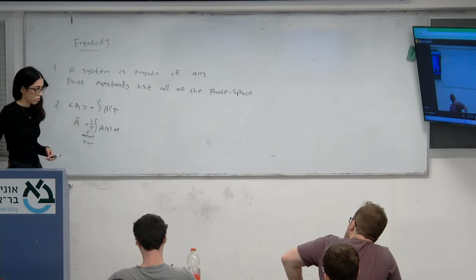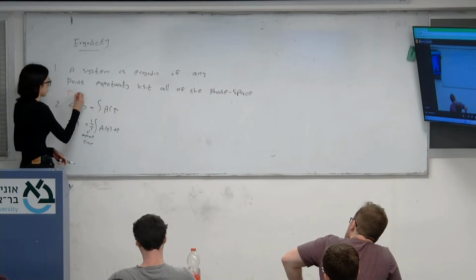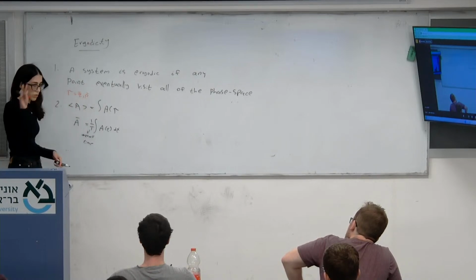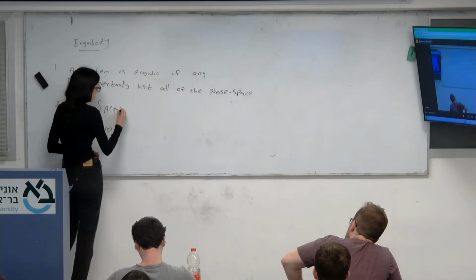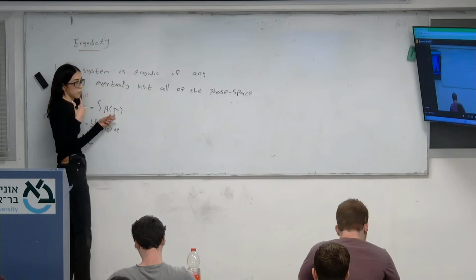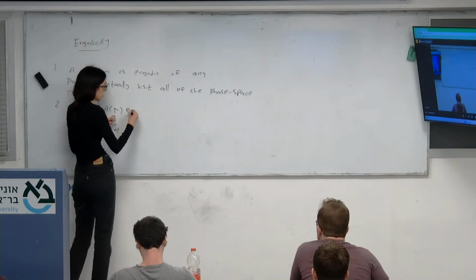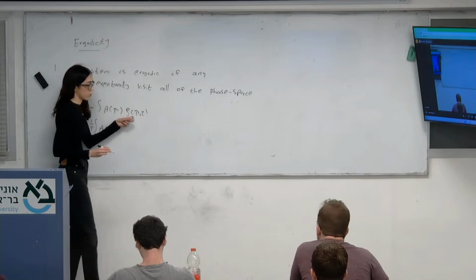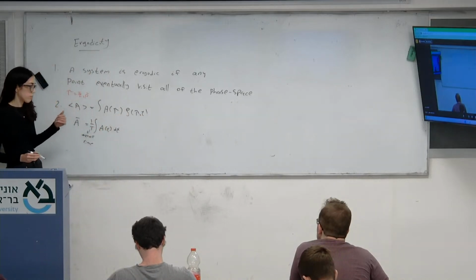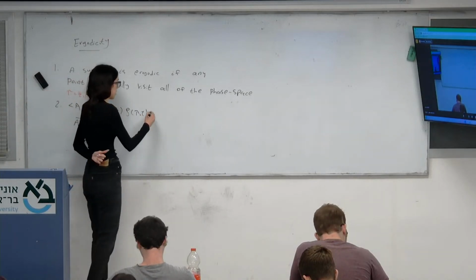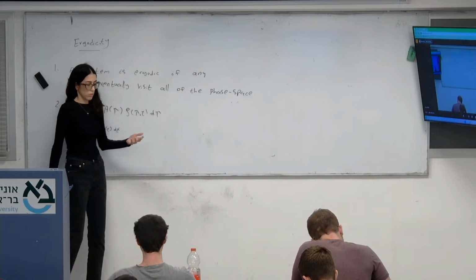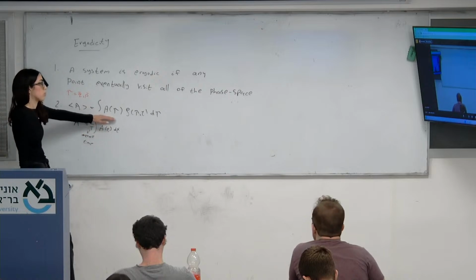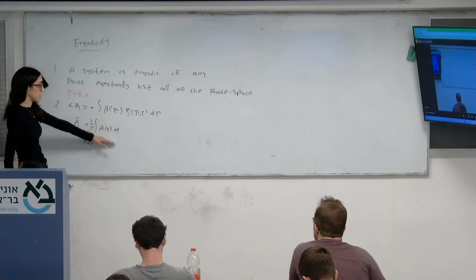Gamma is q and p, all of the possible q and p's. Then I have the probability density rho of gamma and t, which we saw last tutorial with the Liouville equation, and I sum over all of the coordinates in phase space. This is just the usual statistical average, and the other is the time average.